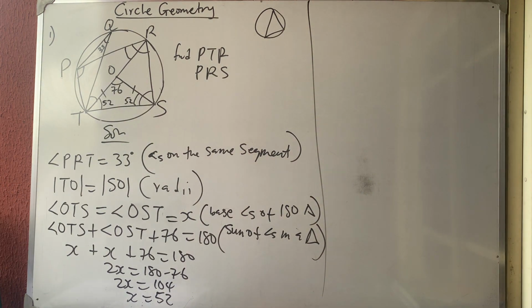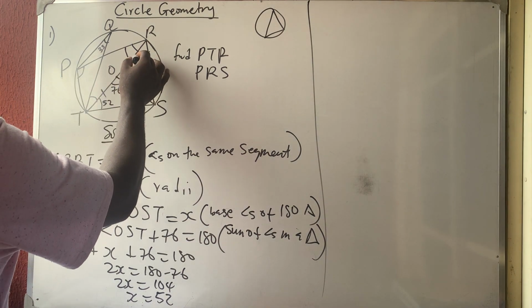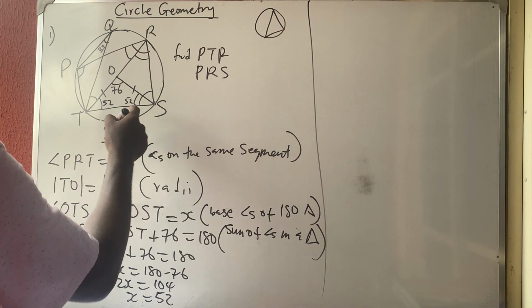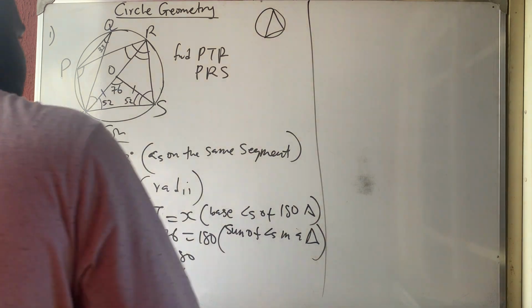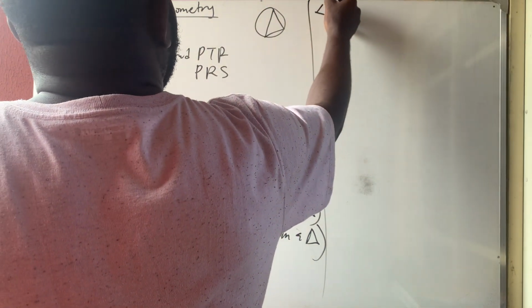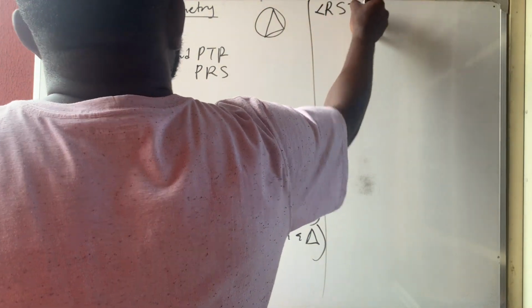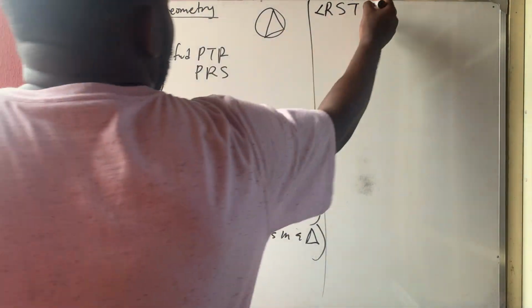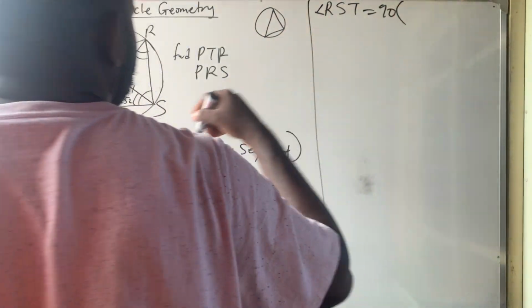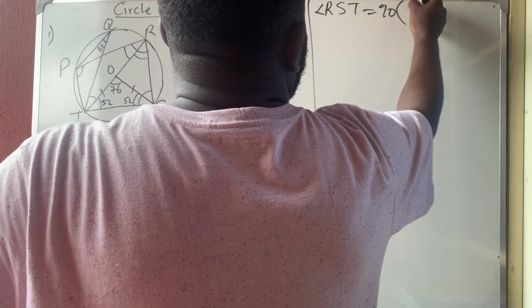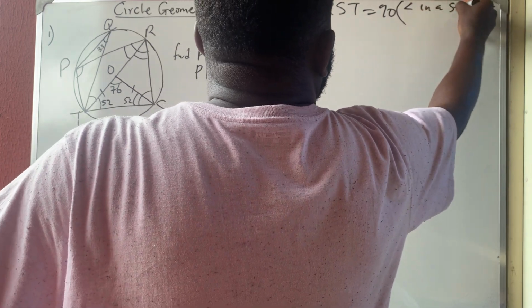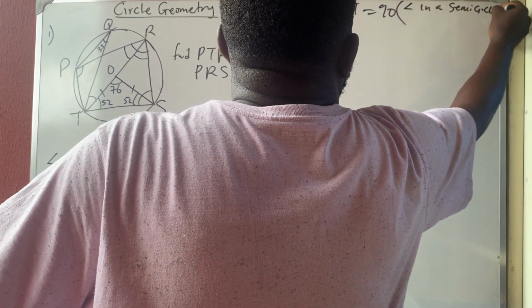Okay. Now, to get this small place that I'm looking for, we know that this place is 90. You should know that angle RST, this big one, is equal to 90 degrees. What is my reason? Angle in a semicircle. Okay.